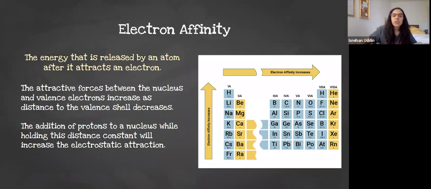Electron affinity is the energy that is released by an atom after it attracts an electron. The way that I think of this is, if fluorine or the atoms in the top right of the periodic table really, really want electrons because they don't have that many electrons and they have a lot of protons, they're going to have a sigh of relief.